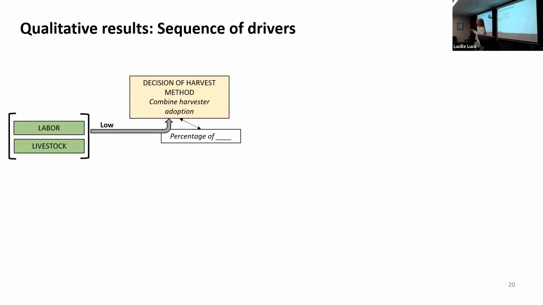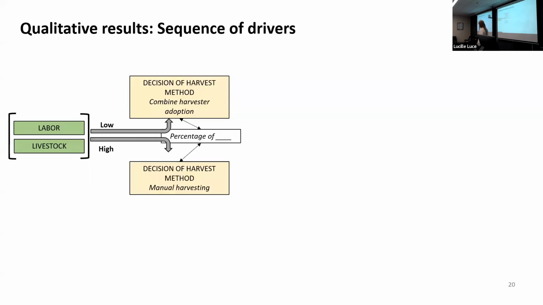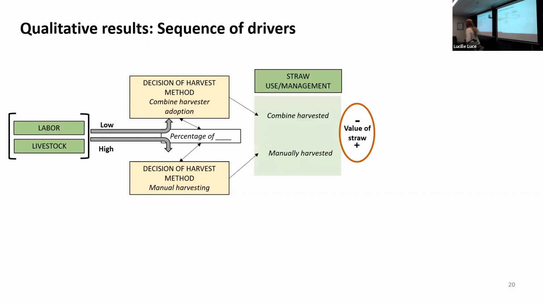Now, labor also relates to livestock, because if there's less household labor available, the likelihood that they're going to keep and tend livestock goes down. The other side of that is if there are high levels of livestock and more household labor in particular, the decision to manually harvest, or the percentage of area manually harvested, increases.